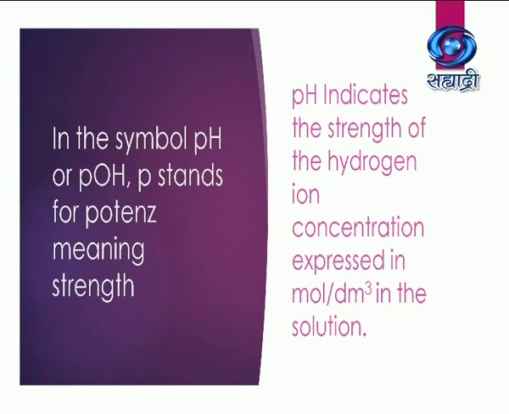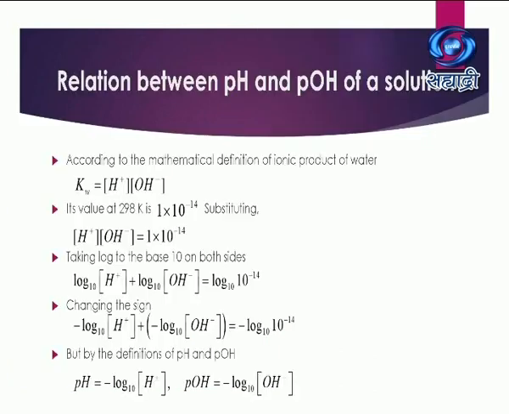Theoretically, according to Ostwald's dilution law, it is possible to calculate. But in the laboratory, a practical, experimental tool is required to find out the actual H plus and OH minus ion concentration. And so in the laboratory, we are going to use these concepts, that is pH and pOH of a solution.